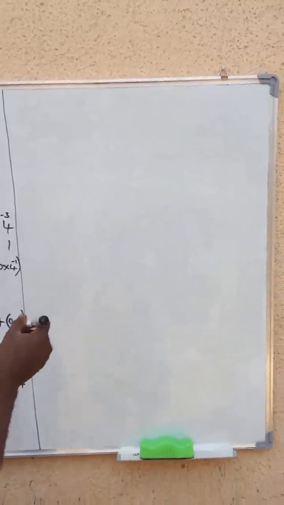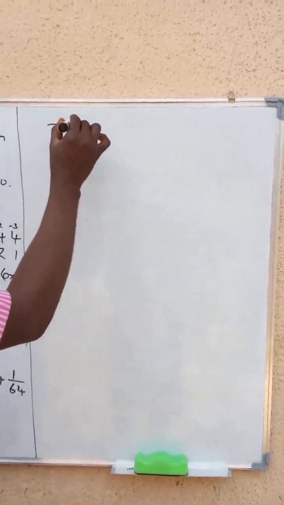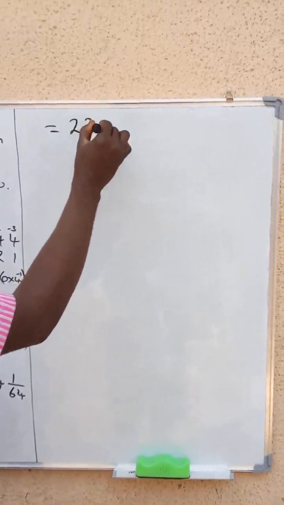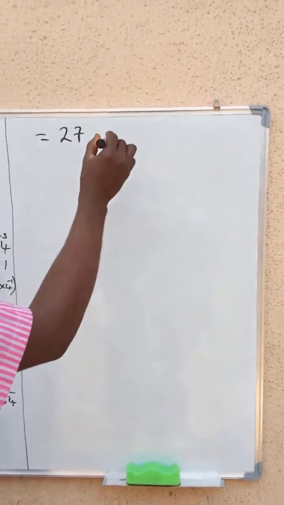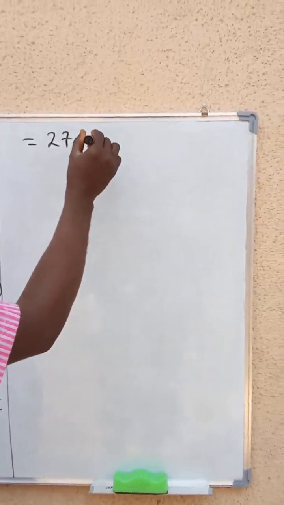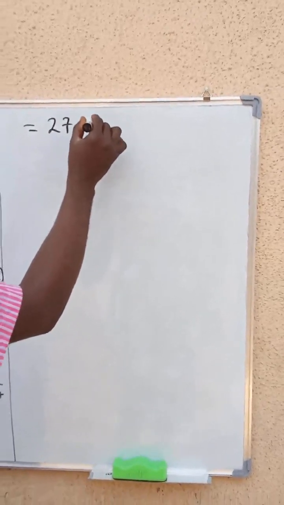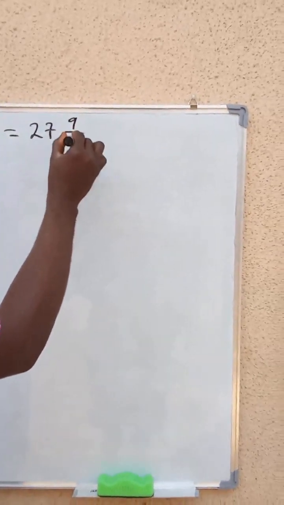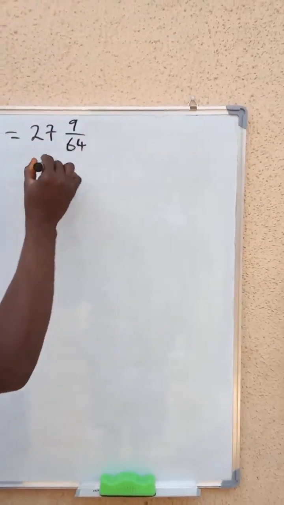You get? So this is the same thing as what? 27 and 9 over 64.